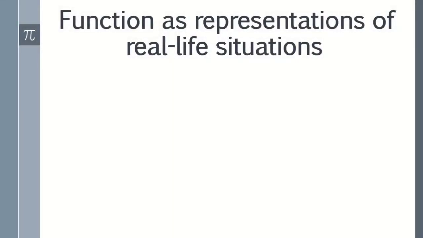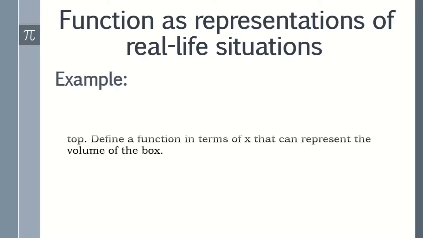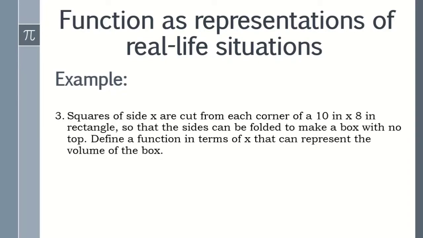For the last example of function as representations of real-life situations, let's have this. Squares of side X are cut from each corner of a 10 in by 8 in rectangle so that the sides can be folded to make a box with no top. Define a function in terms of X that can represent the volume of the box.